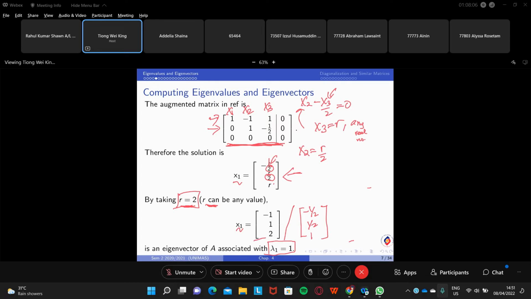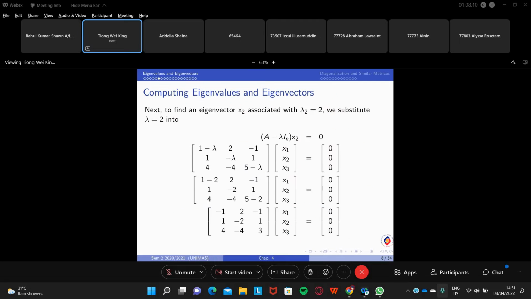We have this eigenvector. So we do the same thing for the second eigenvalue, lambda equals to 2. So we substitute into here. Again, this is the original equation, A minus lambda I, and there's a typo here.